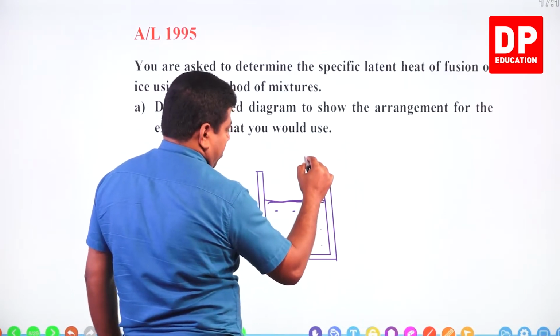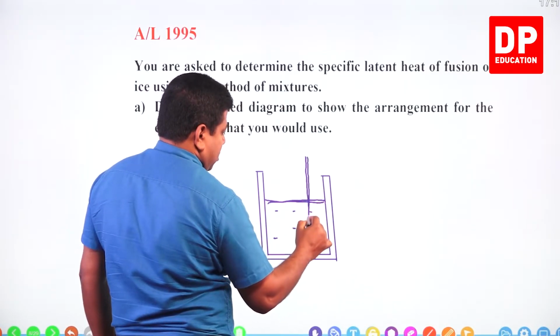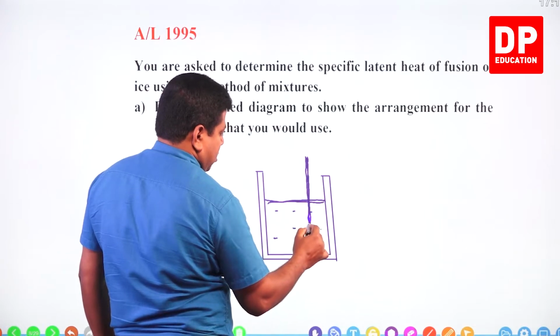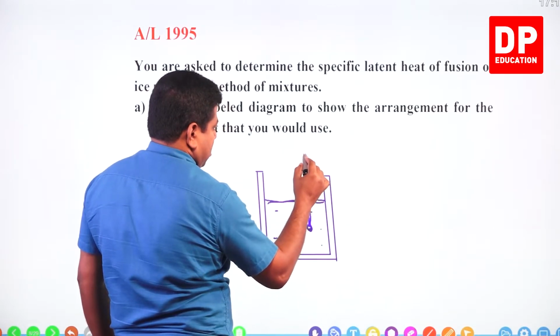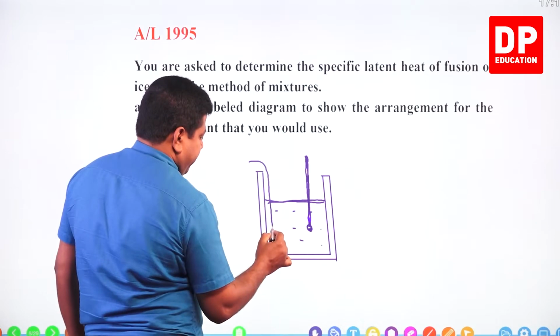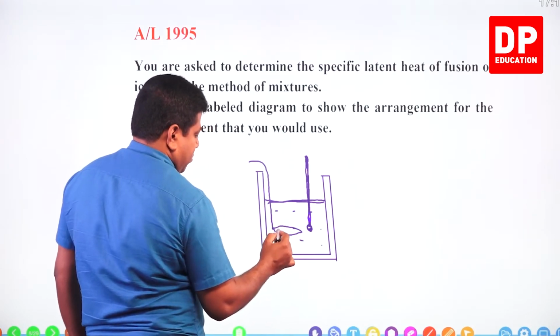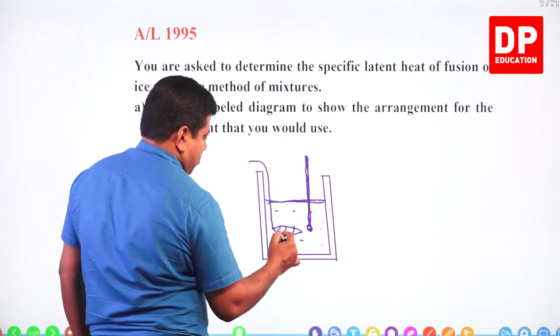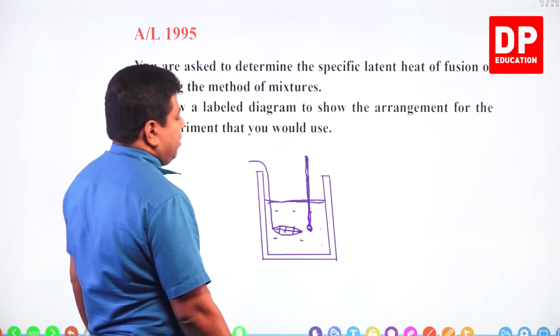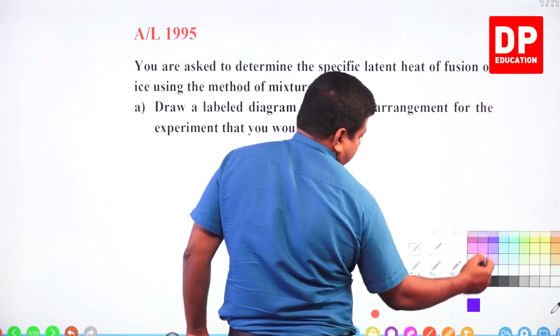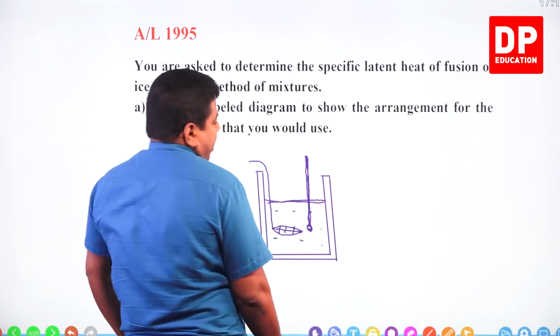Then you keep a thermometer and stirrer. Let's name them. They said labeled diagram.